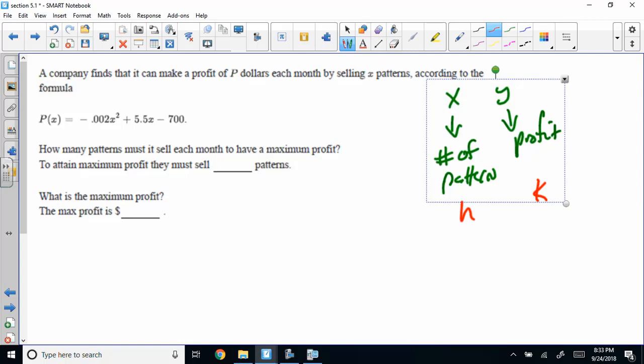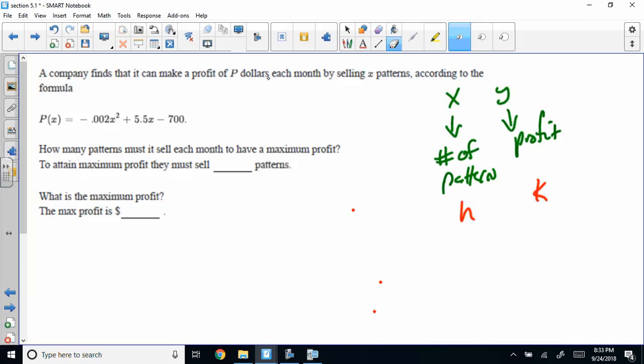Because they want to know what's my highest, maximum. That baby's got to open down, right? Hey, it's opening down. It's got a negative 0.002. So here we go. A, well, I want that. A equals negative.